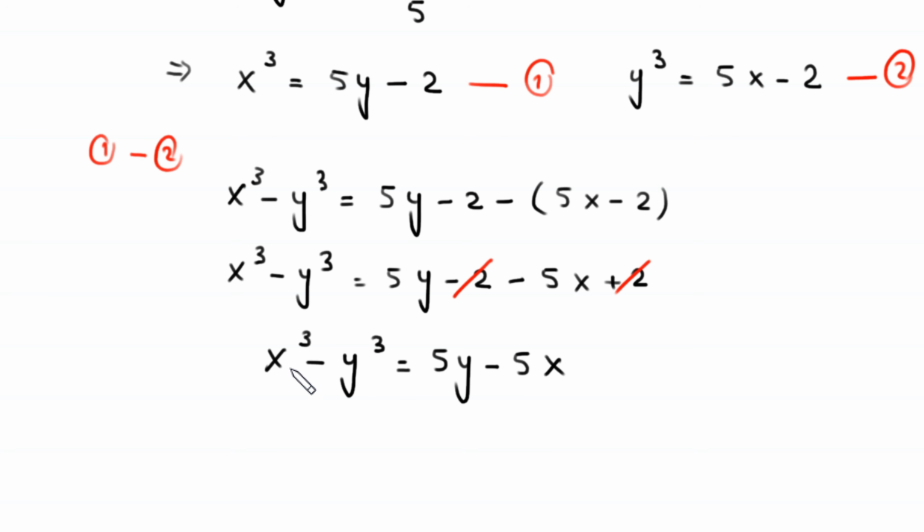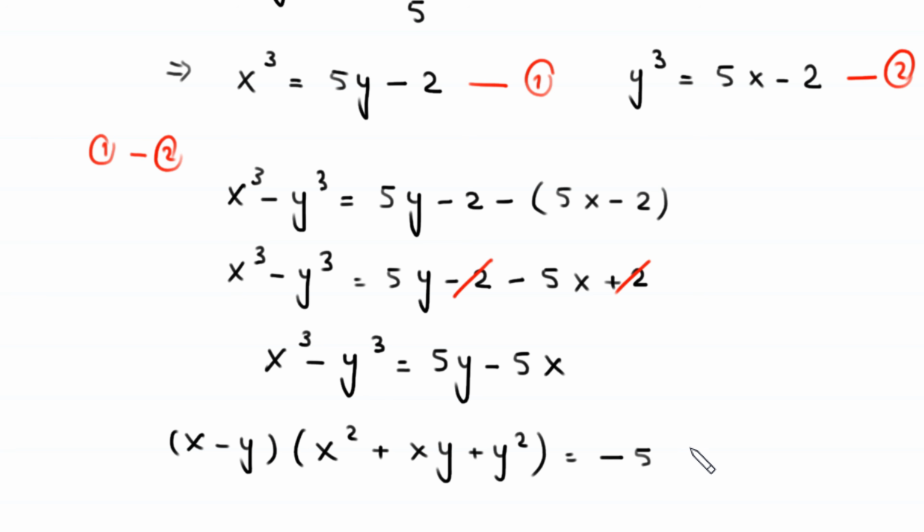Now this x cubed minus y cubed can be factorized as x minus y times x squared plus x times y plus y squared equal to, since here we have x minus y, from these two terms we can factor out negative 5 in bracket left x minus y.